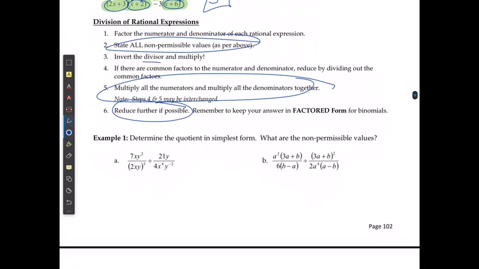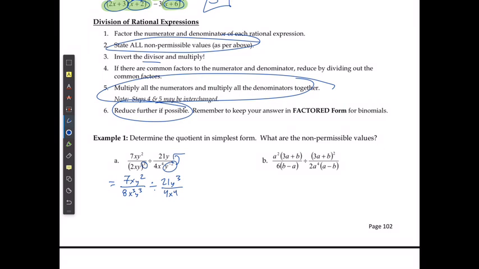So, taking a look at the first example. Here I'm going to cube out the bottom, and I'm going to say that I have 7xy squared over 8x cubed y cubed, divided by, I'm going to move this negative 2y up to the top and say I have 21y to the power of 3 over 4x to the 4.